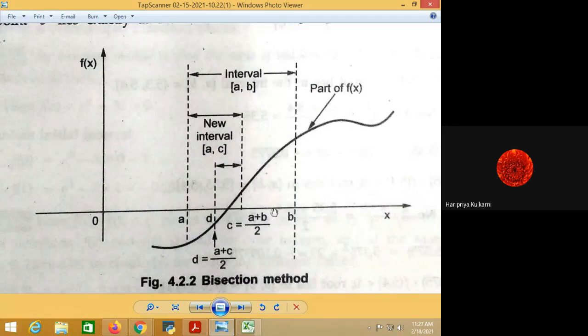So in iteration 2, we will follow a and c and neglect b. For the next iteration we find the midpoint d as a plus c upon 2, because f of a into f of c is less than 0 means the interval bc is of no use and we are interested in interval ac.